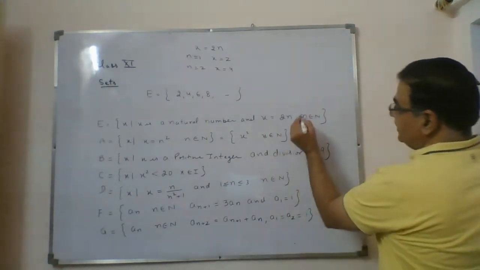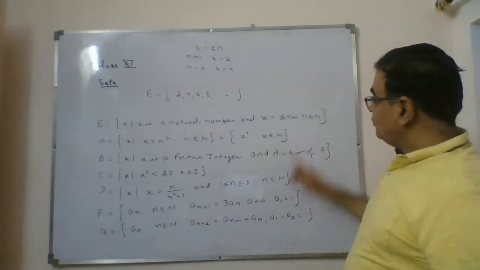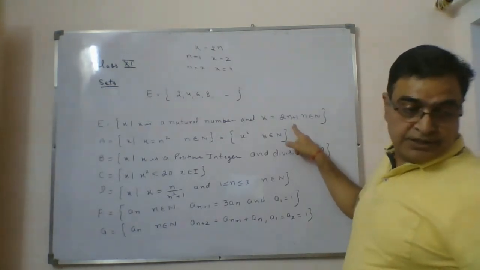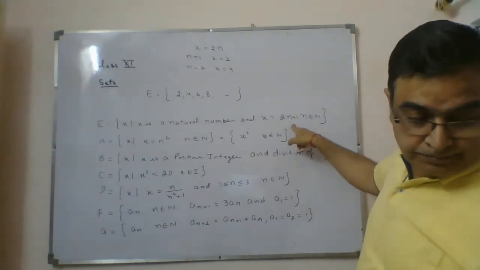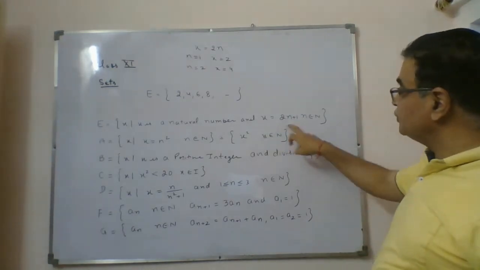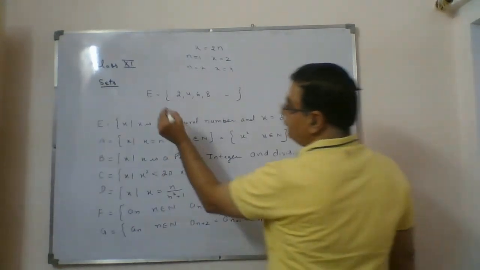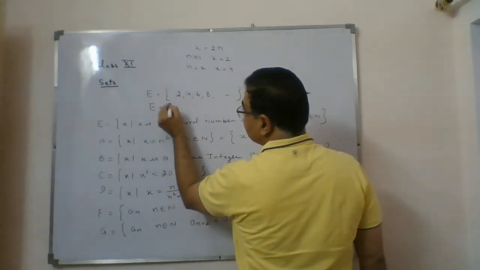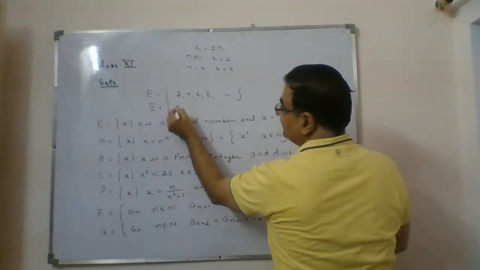By the way, in this question, I'll make a slight change: plus 1. What does this indicate? It indicates an odd number. When X is 2n plus 1, it is nothing but an odd number. When n is 1, it is 2 plus 1, which is 3.